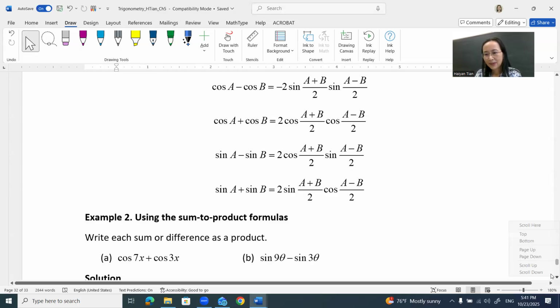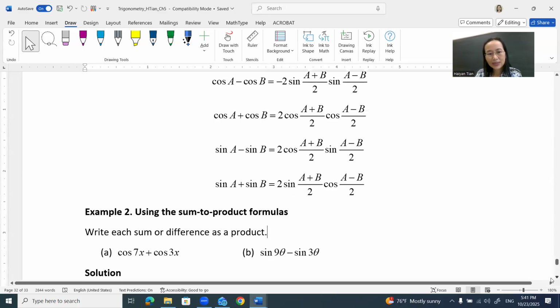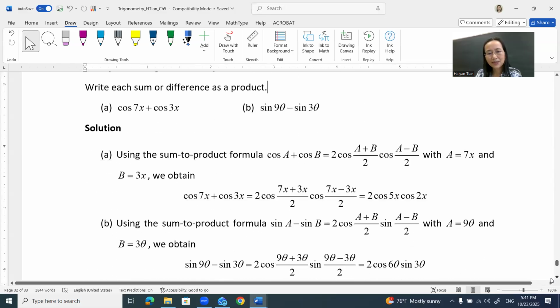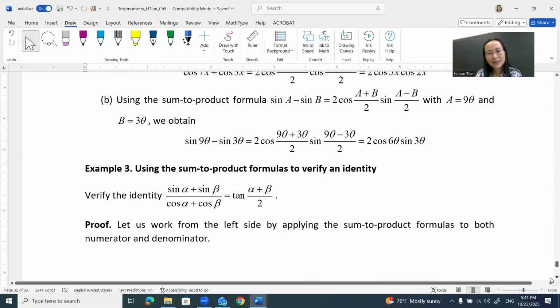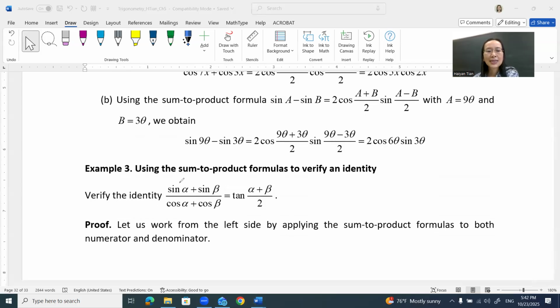Now, let's do one last problem. This is a verification. We have the left-hand side equals the right-hand side, and we want to show this identity.